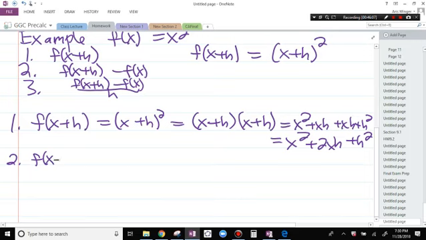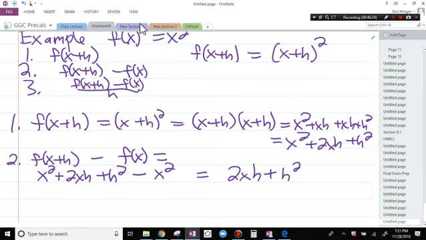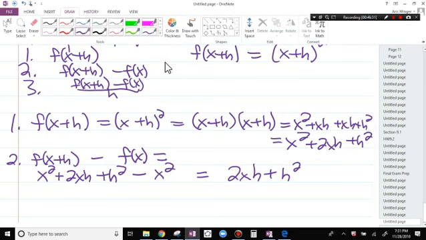I'm then going to subtract off f of x. F of x plus h minus f of x is equal to, well, f of x plus h is all that stuff we just got from step 1: x squared plus 2xh plus h squared. And then f of x was just x squared. They cancel. 2xh plus h squared. And the off the record remark is this.